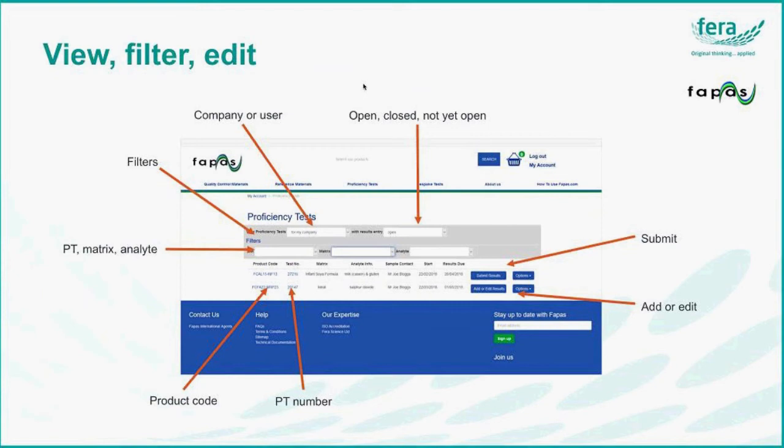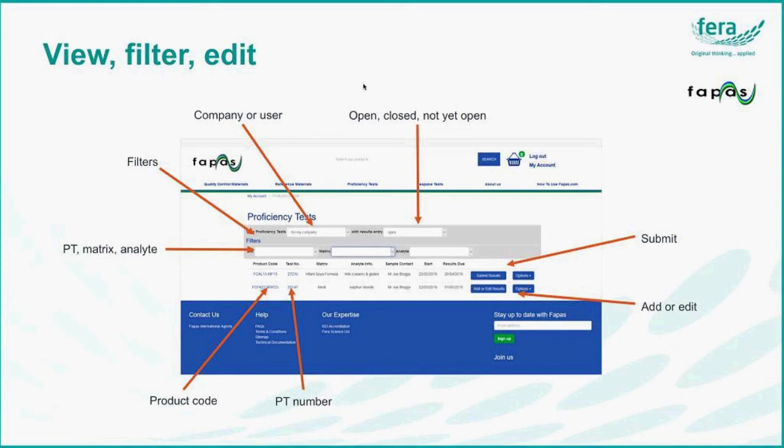So there is a section on filtering, so you can filter by the company or the individual user of the website. So we recognize that companies will have several people who might want to access the secure pages.